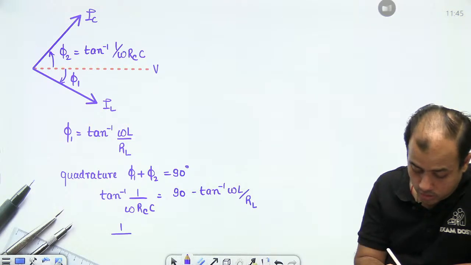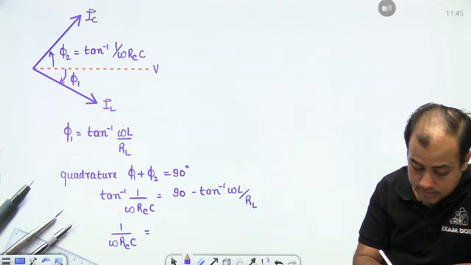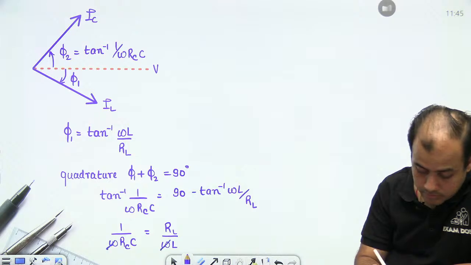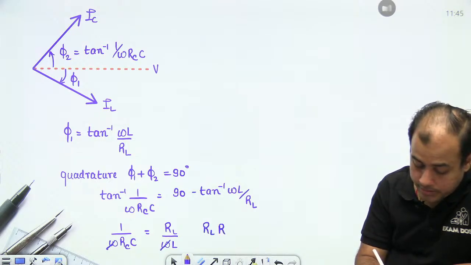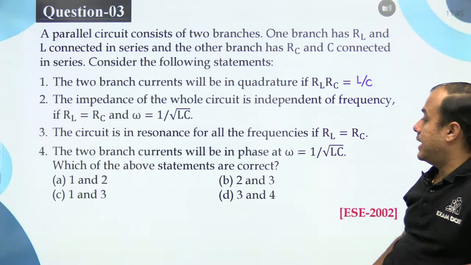So take tan on both sides. Tan of 90 minus theta is cot theta. So the first statement is correct. RL RC is L by C.